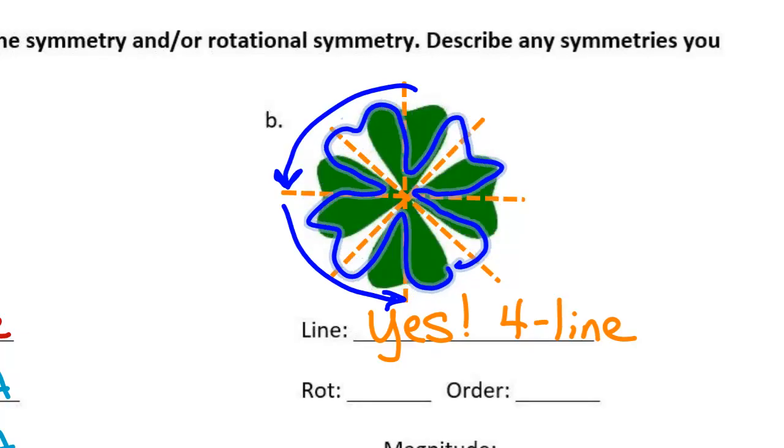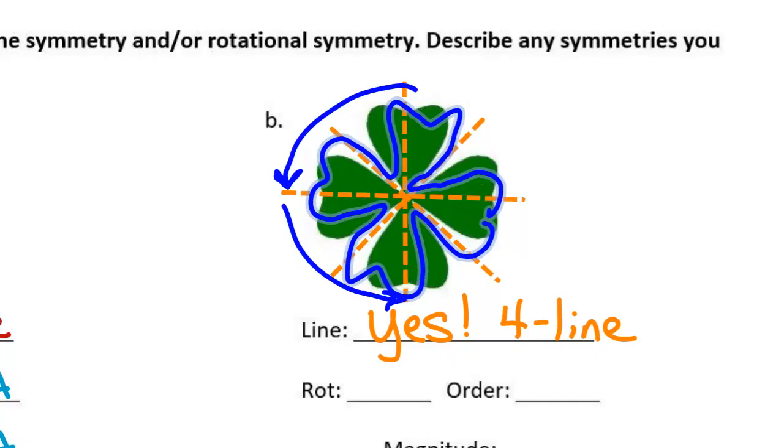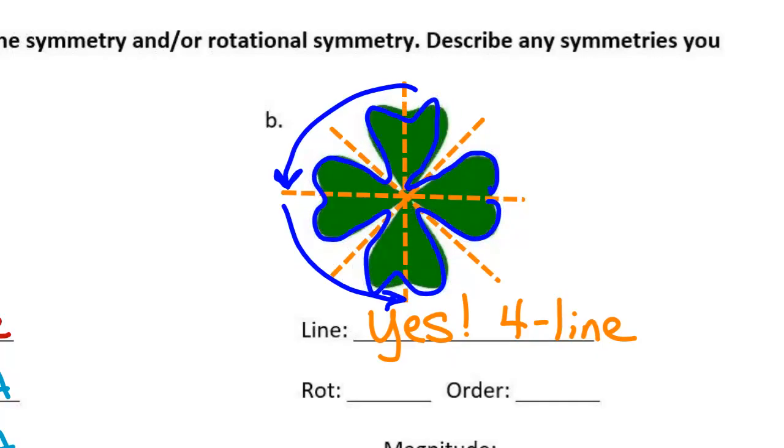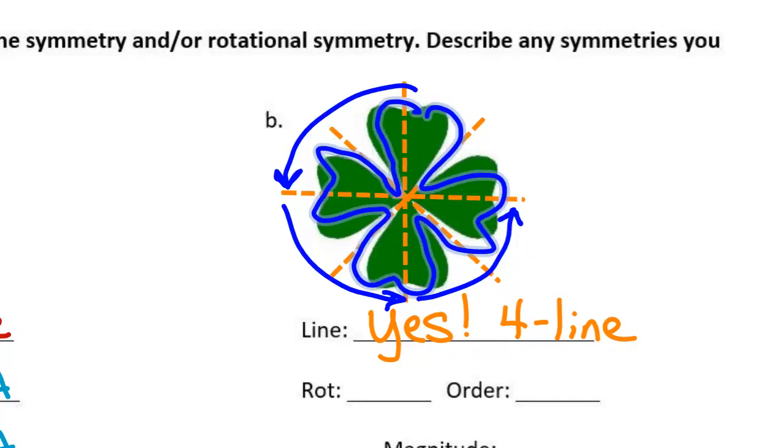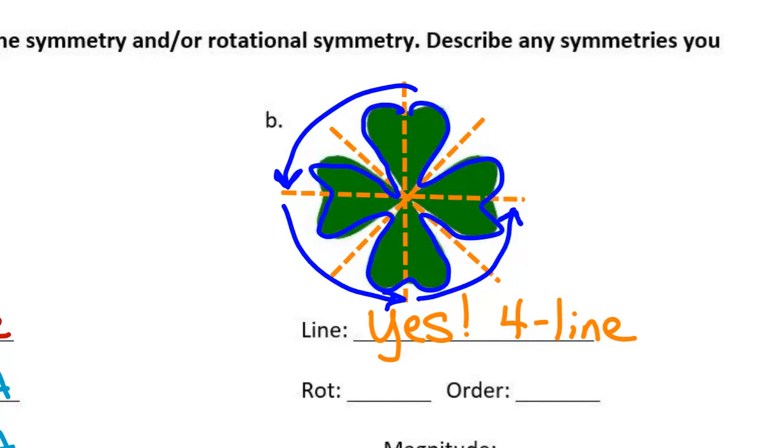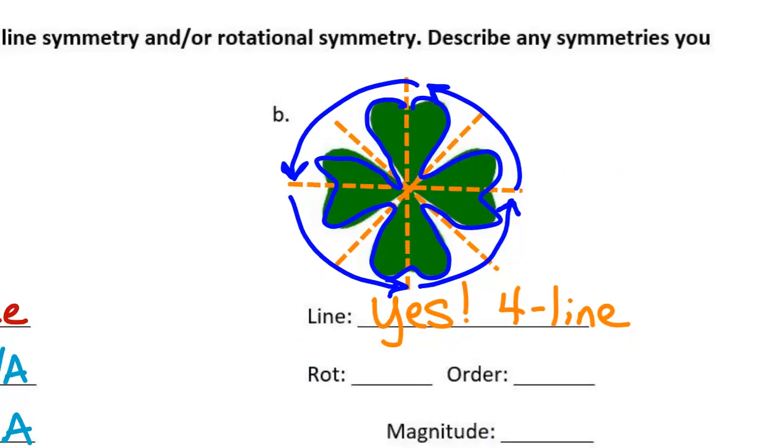Continue to rotate around. It matches up with itself here. So now I'm up to order 3. And then I continue rotating until I get back to where I started, right up here. So I was able to make 4 stops.